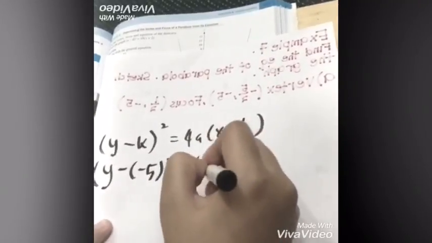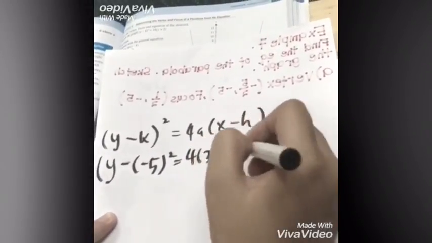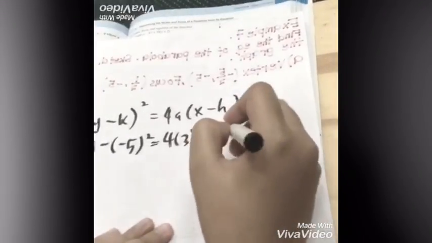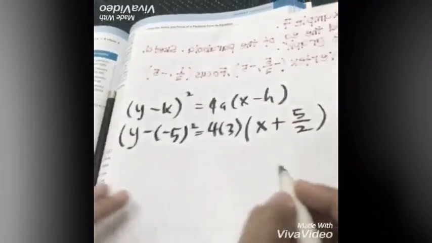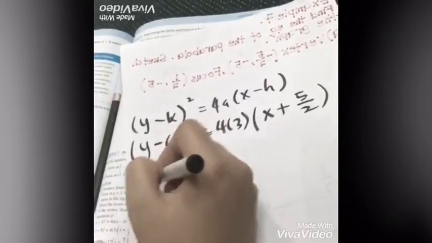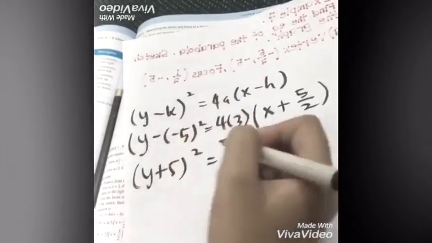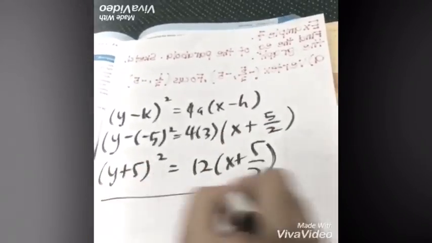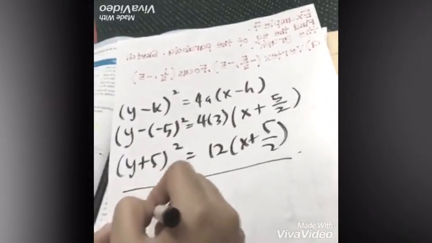The a is 3 and x we don't know, and h is plus 5/2. So just calculate it, and y plus 5 squared, then you get 12, x plus 5/2. So this is the equation for the graph that we have done.